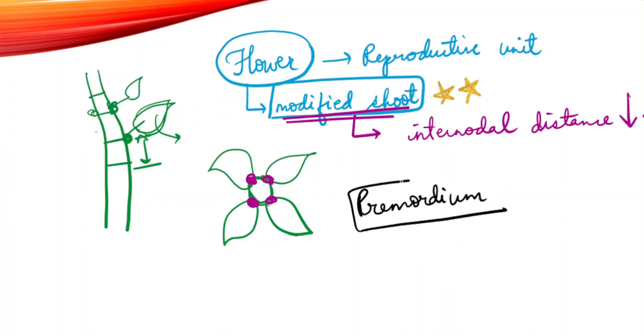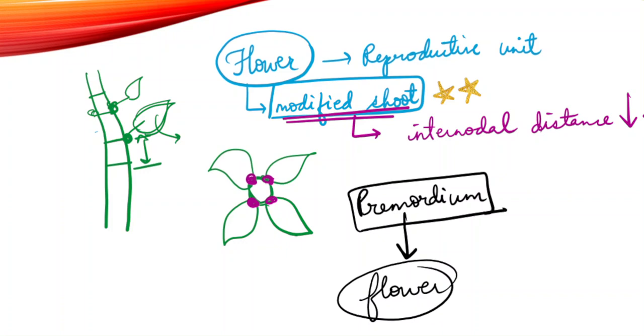Primordium was a very small flower, very, very small flower, from which a huge flower came. So primordium makes the flower, in short. You should know this. Yes, so this is about a small part.